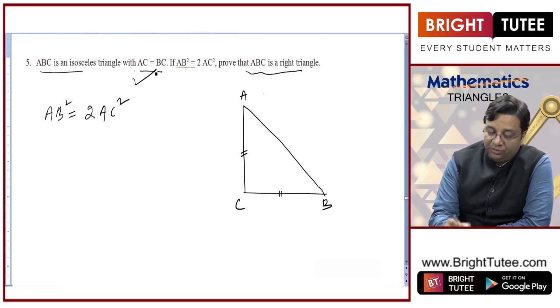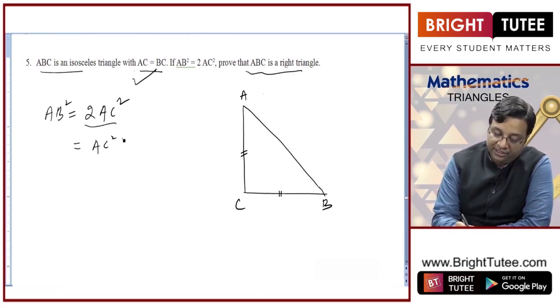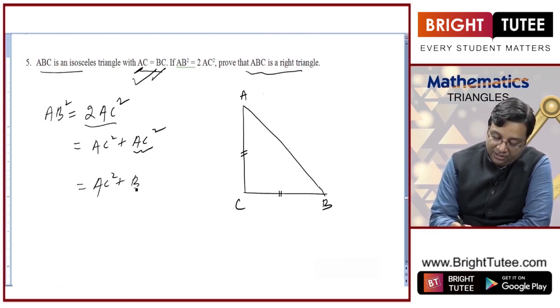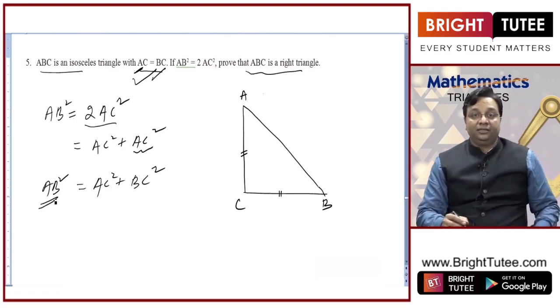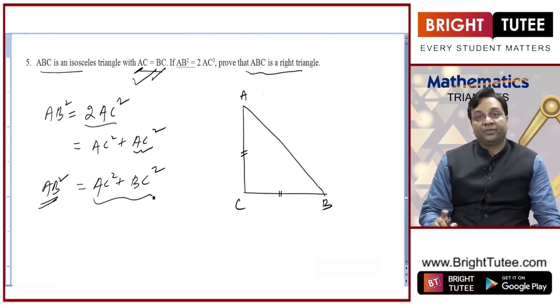We will just use AC equal to BC to prove that, because 2AC square can be written as AC square plus AC square, and let us replace one of these ACs by BC. So, it will be equal to AC square plus BC square. Now, square of a side is equal to sum of squares of other two sides.